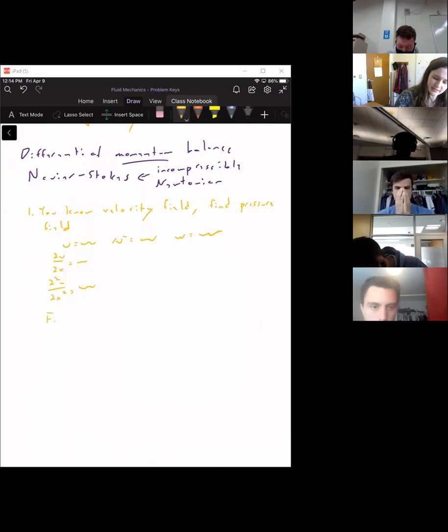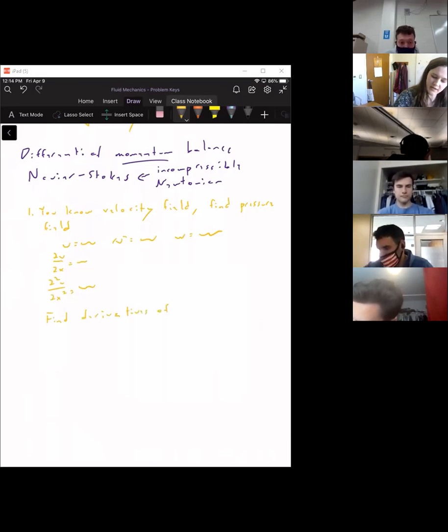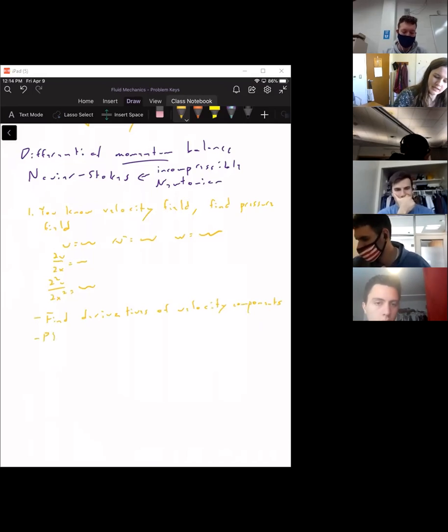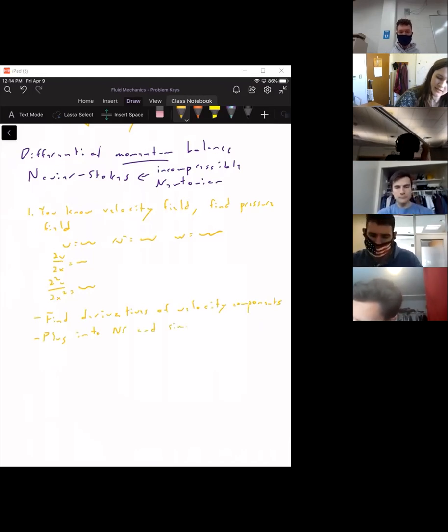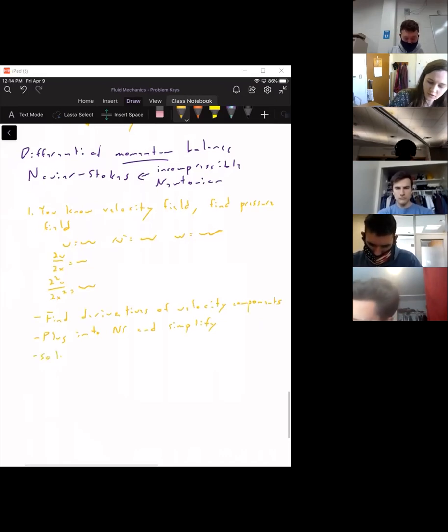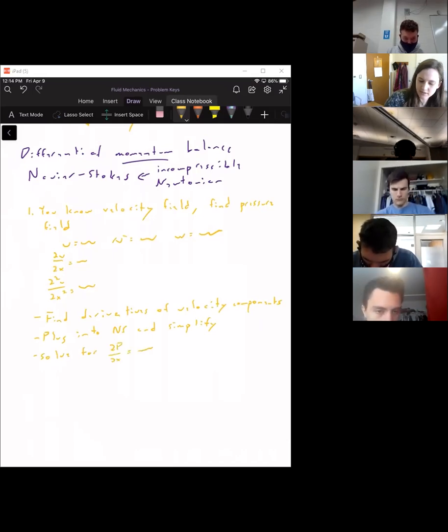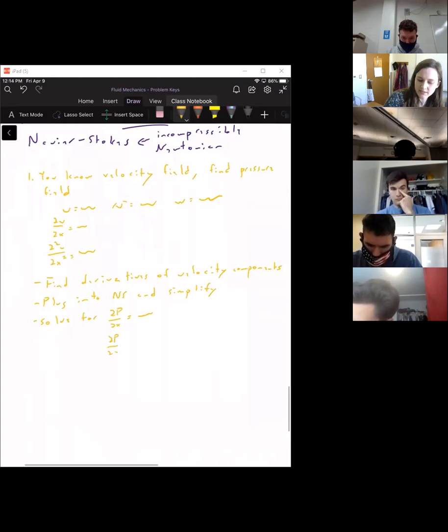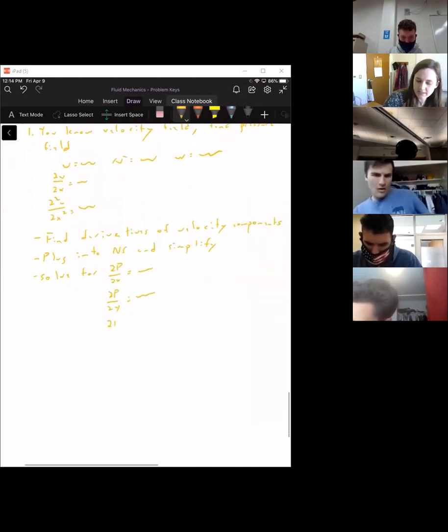So you would find derivatives of velocity components. Plug into Navier-Stokes and simplify as much as possible. Solve for dp/dx is equal to whatever, dp/dy is equal to whatever, dp/dz is equal to whatever.